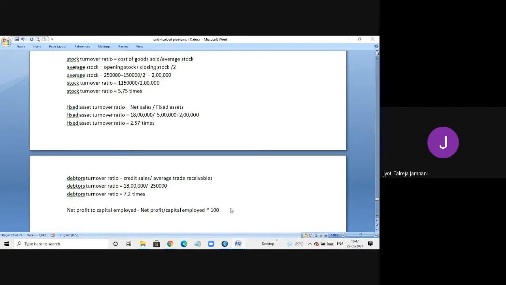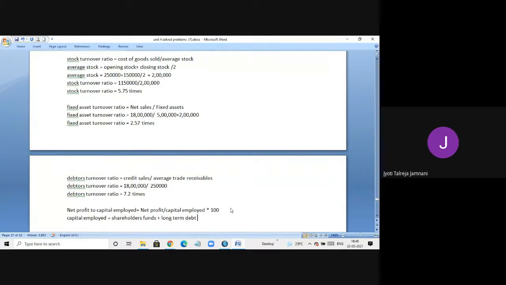Capital employed is nothing but how much money we have invested in the business. So it includes shareholders' funds, how much shareholders have put, plus long-term debt or loans. Both if we add, we will get the capital employed value.